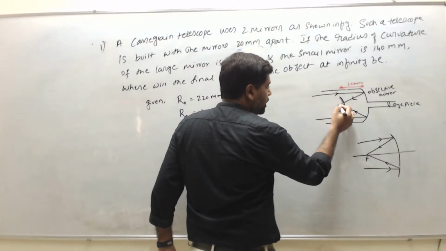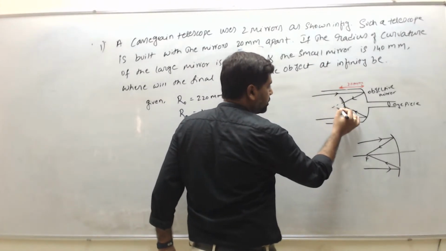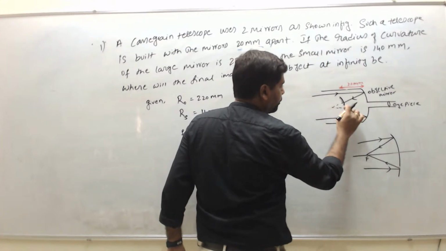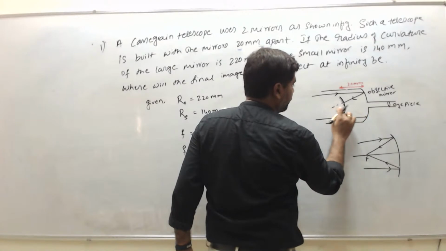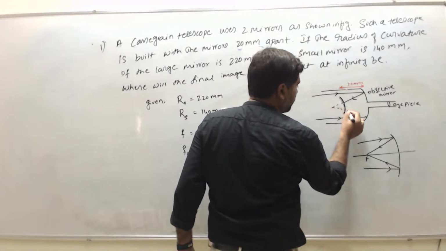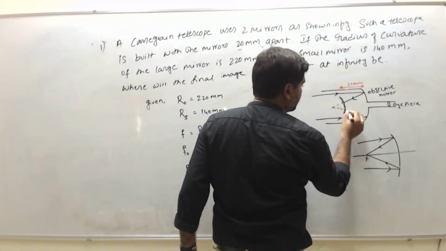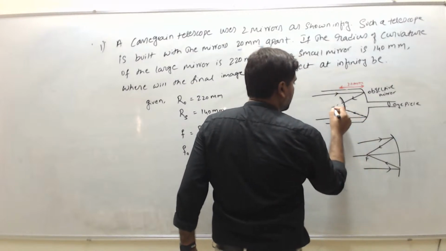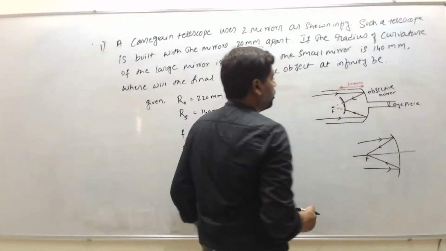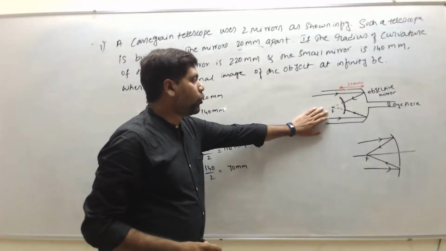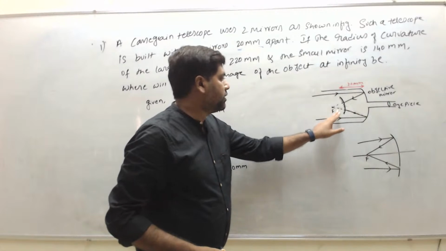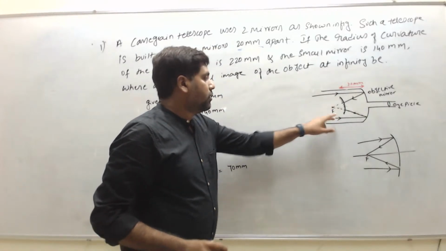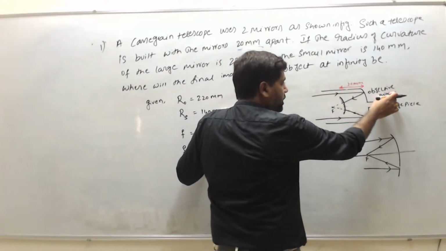That is, these rays are converging at that point. This converging point is the converging point for the objective mirror, and this one acts as the image of the objective mirror.